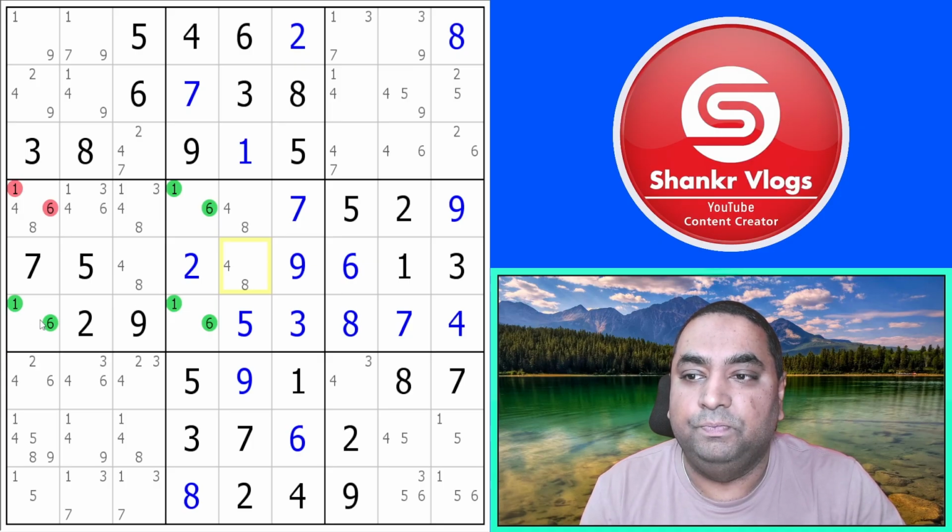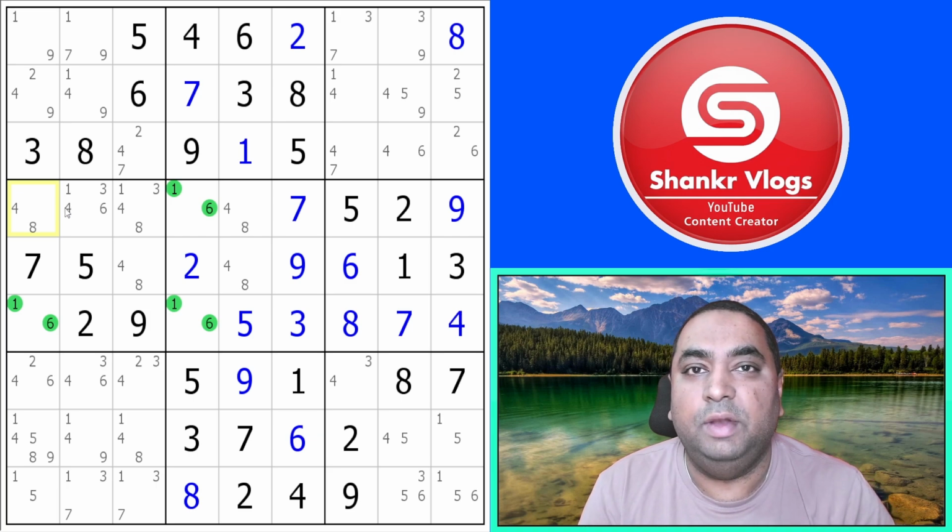In the fourth cell, the additional candidates are 4 and 8. To avoid the deadly pattern, we have to remove 1 and 6 from the fourth cell. That is how we eliminate candidates in type 1 unique rectangle.